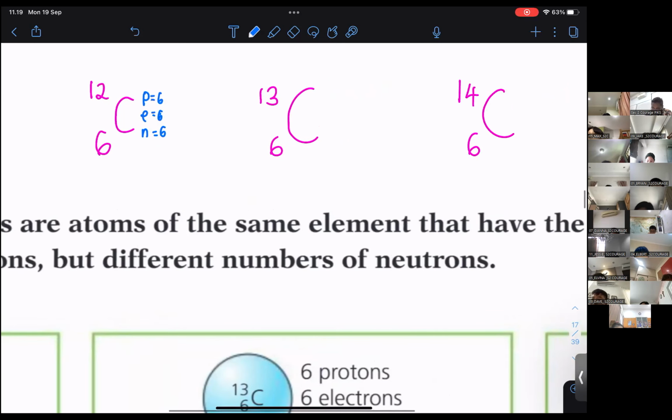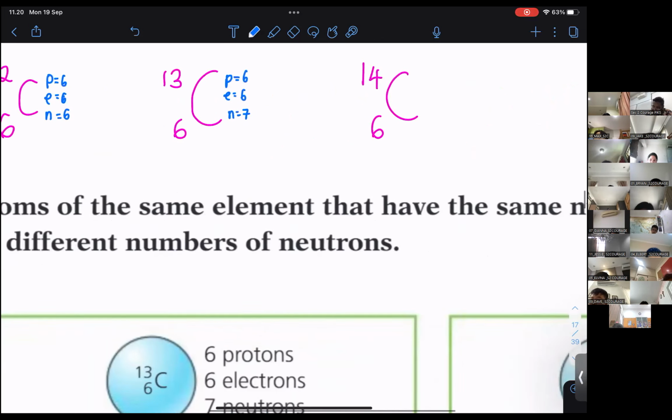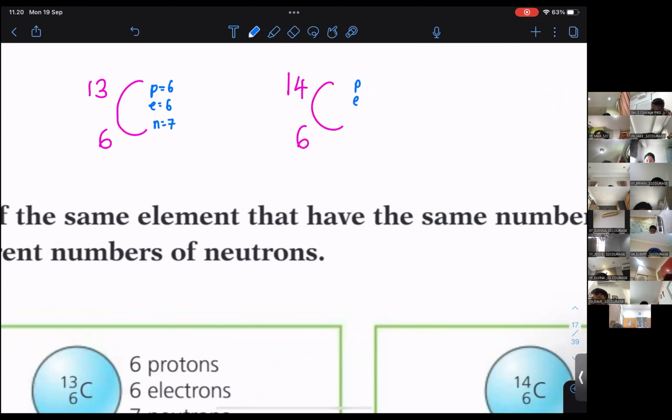For carbon 13, proton is 6, electron must be the same. 13 minus 6 is going to be how many? 13 minus 6, Terence? 7. For carbon 14, proton is 6, electron is 6. 14 minus 6, Kimberly? 8.